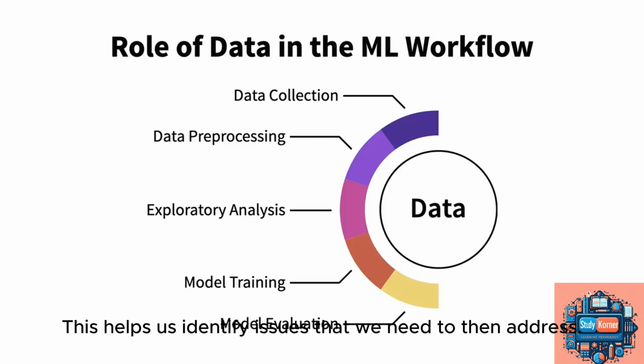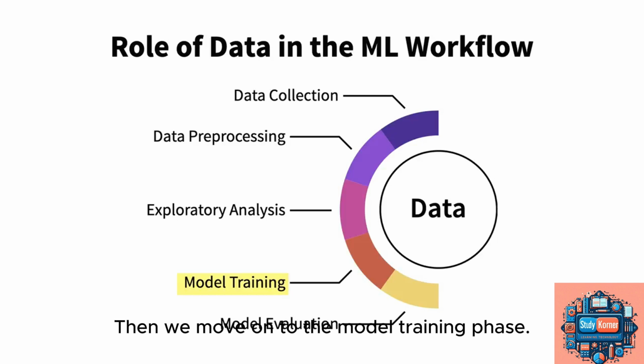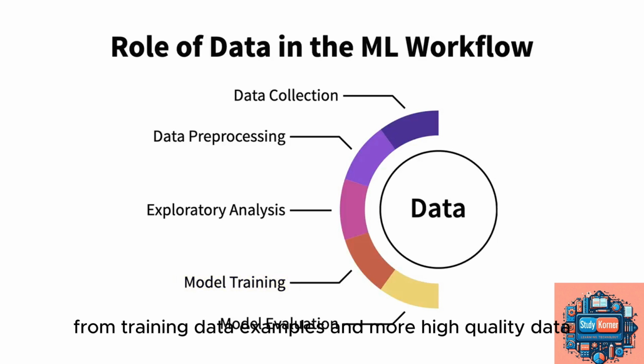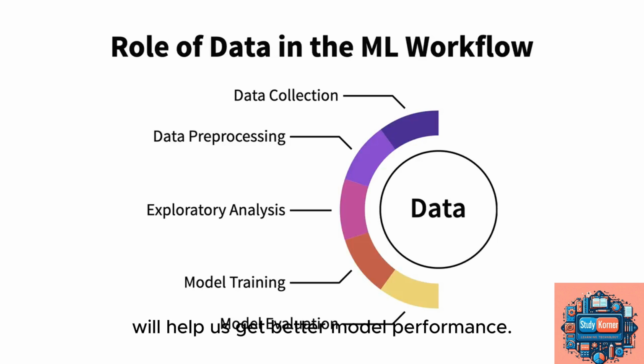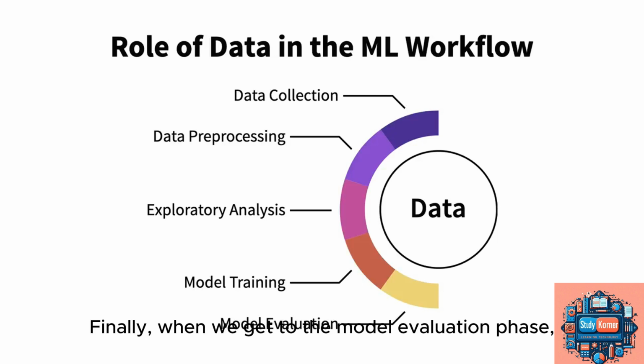This helps us identify issues that we need to then address. Then we move on to the model training phase. This is where the model learns patterns from training data examples. And more high-quality data will help us get better model performance.